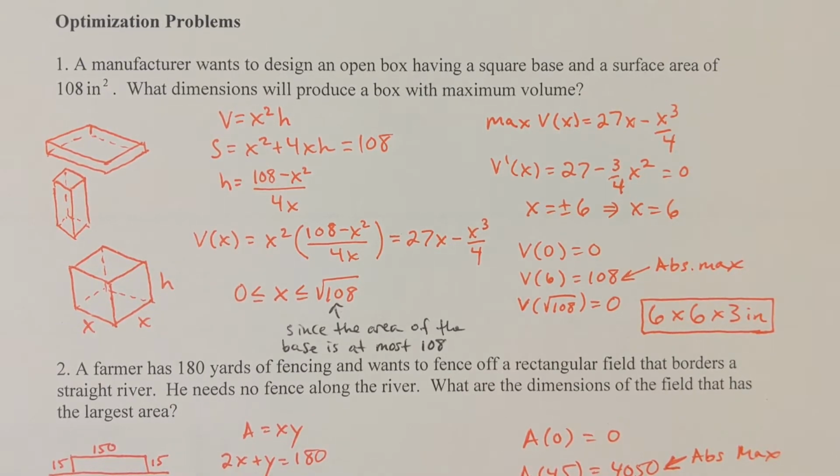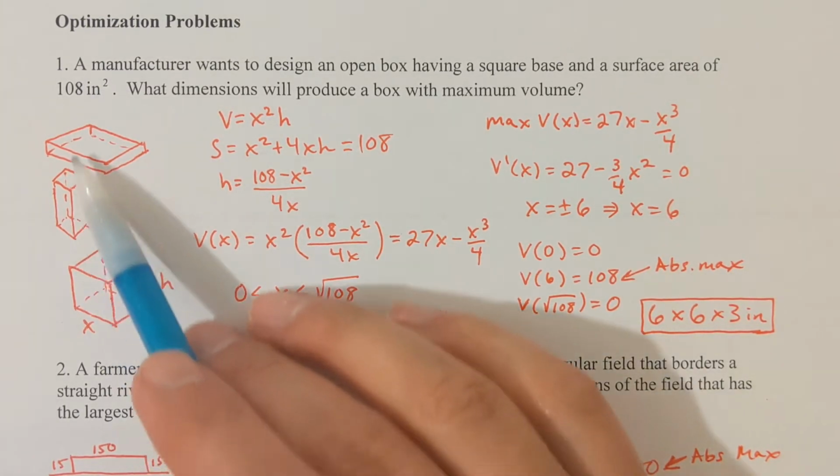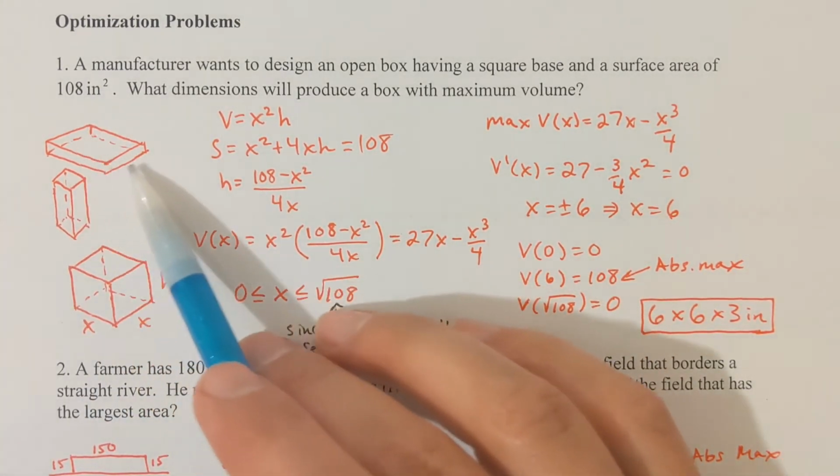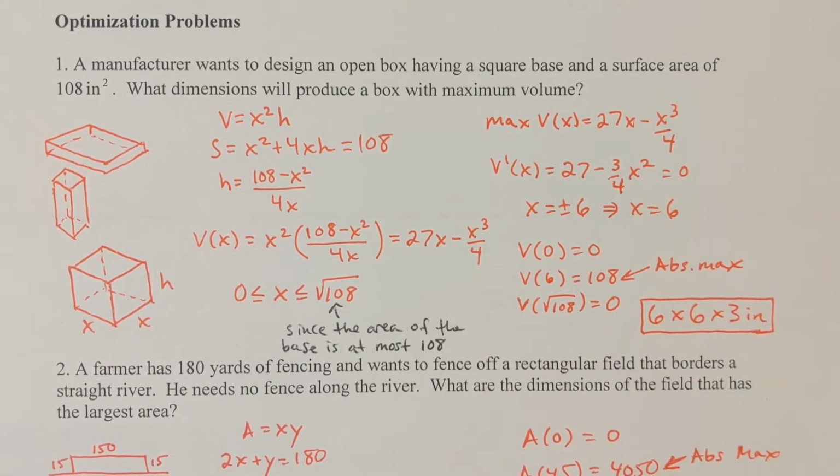Now, the manufacturer only has 108 square inches of material to work with. So how should the box be designed so that the volume is as big as it can possibly be? You know, should we have it more like longer top to bottom, or should it be more flattened? You know, still a square base, but how exactly should it look?